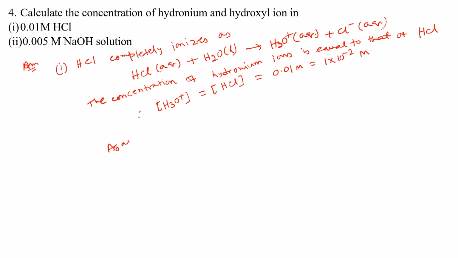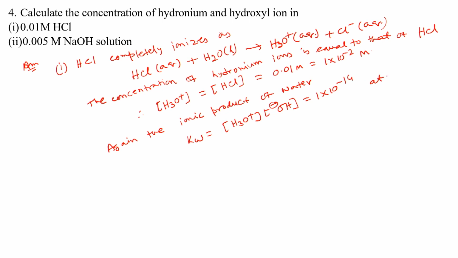Again, the ionic product of water means Kw is concentration of H3O plus times concentration of OH minus, is 1 times 10 to the minus 14, right, at 298 K. So, concentration of OH minus is Kw by concentration of H3O plus.